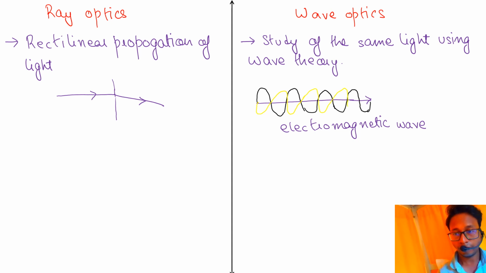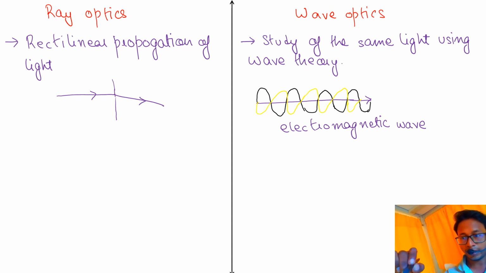That means if the electric field is going in this direction, the magnetic field will go in this direction. That means the electric field and magnetic field are always perpendicular to each other. This plane is always perpendicular to this plane.